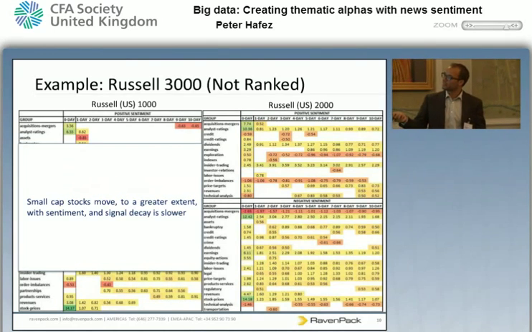Typically you'll see that the company acquiring has a negative sentiment, and that's what you see here. But in this case, it's actually a good thing to also be an acquiring company, whereas it's definitely a good thing to be acquired.